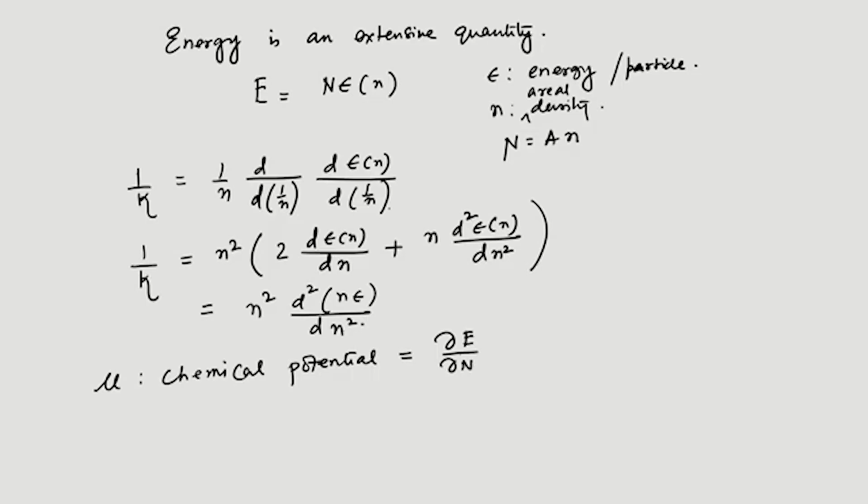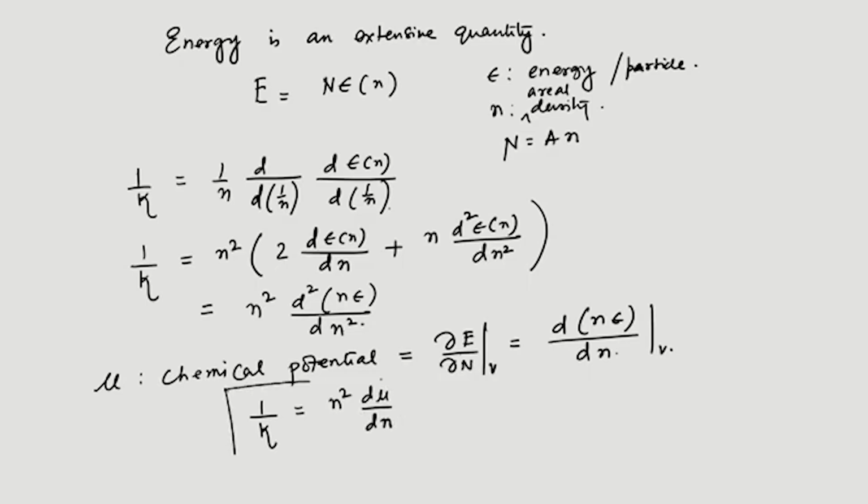It is how the energy responds to a change in the number of particles at a constant volume. And this is equal to d of n epsilon divided by dn, and of course at a constant volume, so this 1 over kappa really looks like n squared d mu dn.